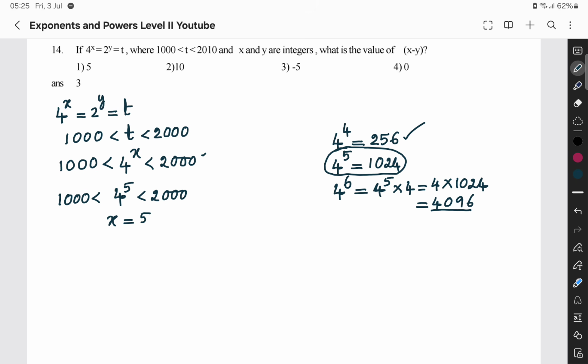Now the next one: 1000 less than 2 power y less than 2000.